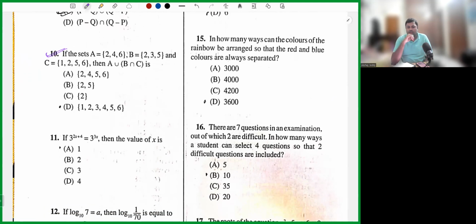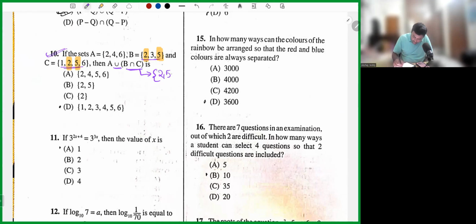Now, A is given as 2, 4, 6. B is given as 2, 3, 5. C is given as 1, 2, 5, 6. A union B intersection C. First, let's calculate B intersection C. This is B. This is C. B intersection C means common elements between B and C. What are the common elements between B and C, my dear friends? 2 is there in both the sets, so it's common. 5 is there in both the sets, so it is common.